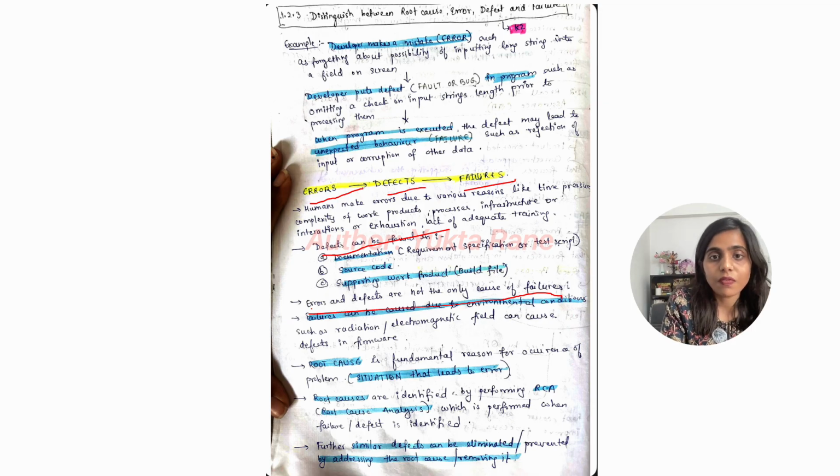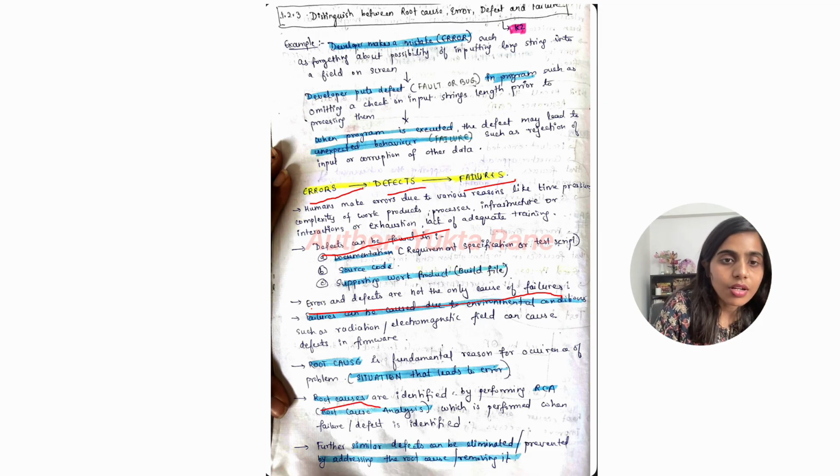If testers are able to know the source code, if they are aligned with the developers, that will lead to more success of that product, because then they will be able to spot out, as a third person perspective, defects in the source code itself. And thirdly, defects can be found in supporting build files as well. Build file consists of software, the elements that are integrated into the software, etc.